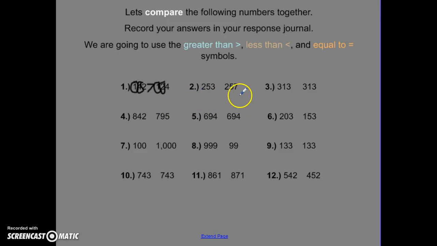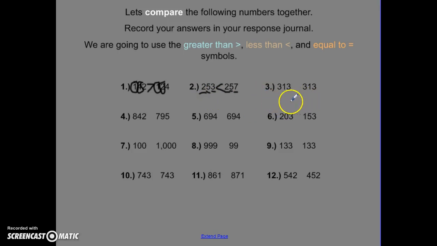In number 2, I have 253 and 257. I see they both have 2s in the hundred spot. They both have 5s in the 10 spot, but I see in the 1 spot, this one has a 3 and this number has a 7, which tells me that 257 is greater than 253. 253 is less than 257.